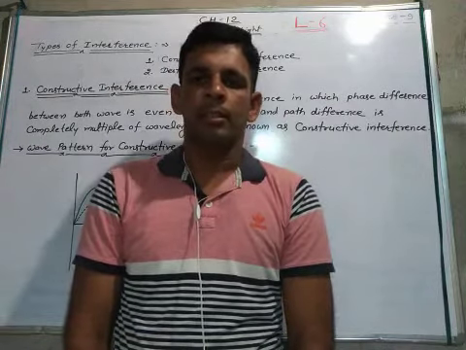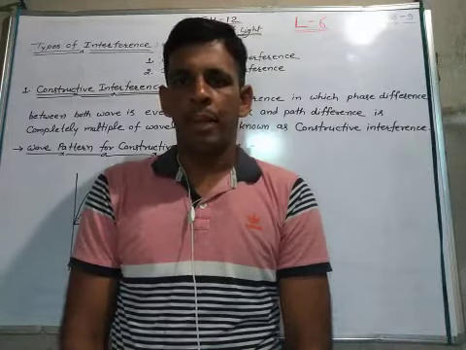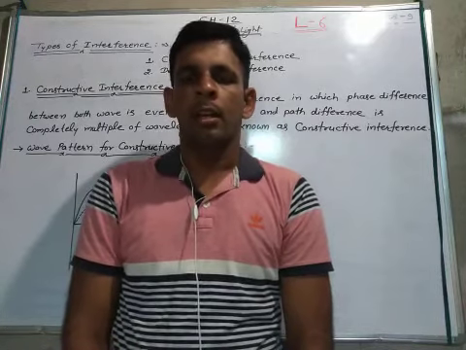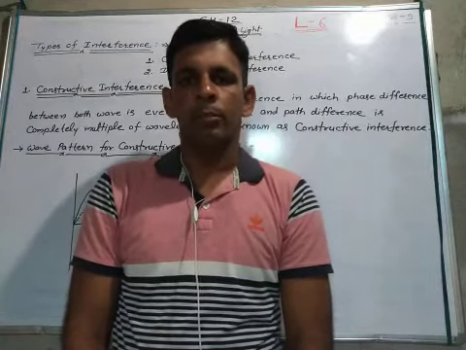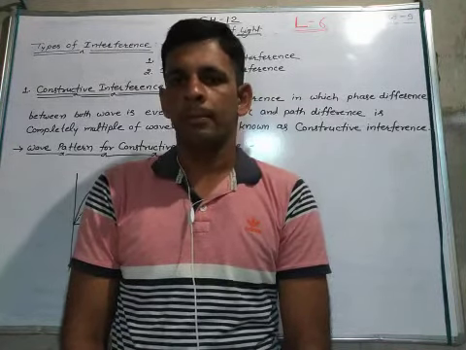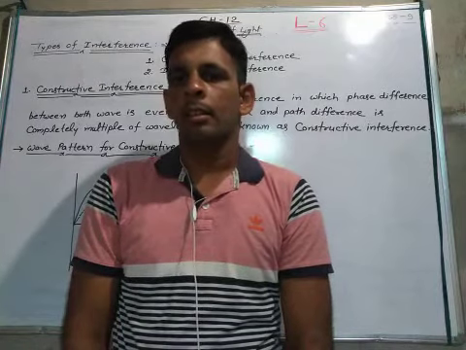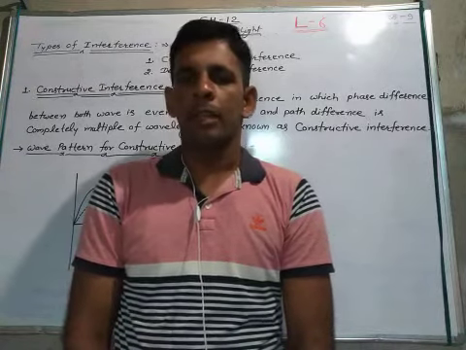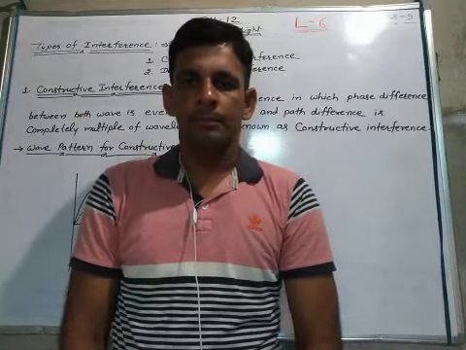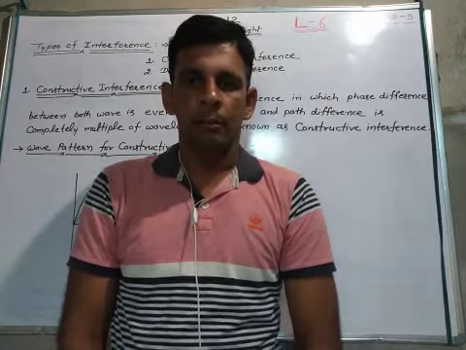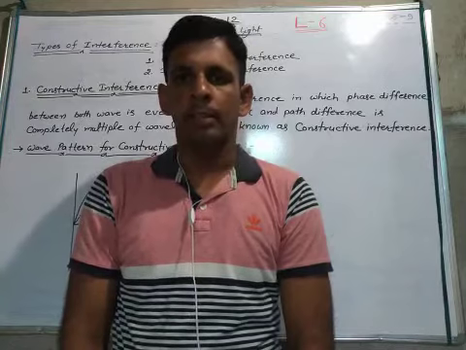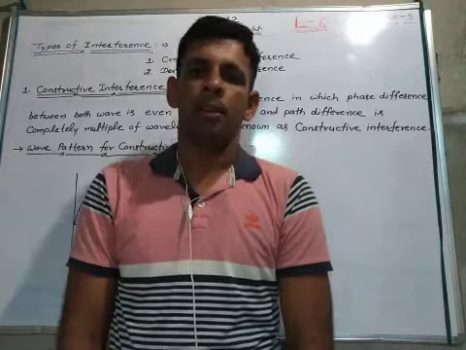In constructive interference we use two waves that propagate in the same direction. The phase difference between both waves will be an even multiple of pi, and the path difference is an integral multiple of the wavelength.